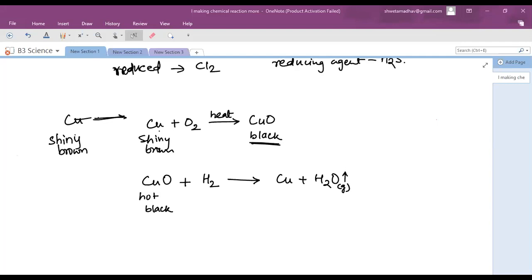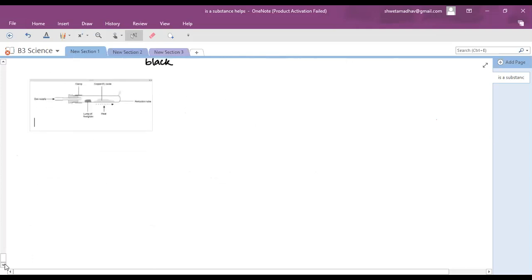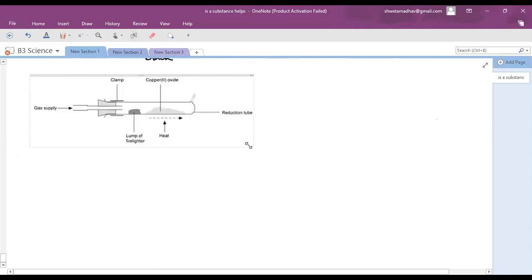Similar to this kind of experimental setup, it is not proper, but somehow it's okay.